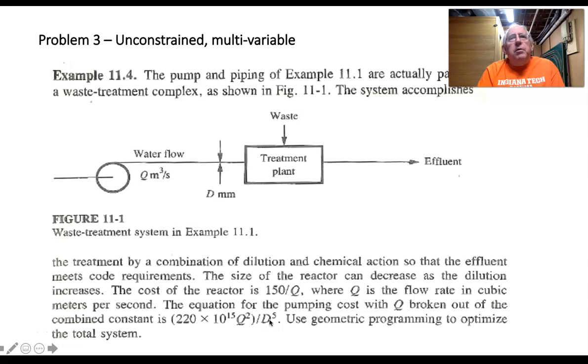This is similar to what we saw in terms of the lifetime pumping costs. The fifth power comes into play because of the velocity and the friction of the pipes and that type of thing. So we have that particular term as part of our total system cost to optimize.